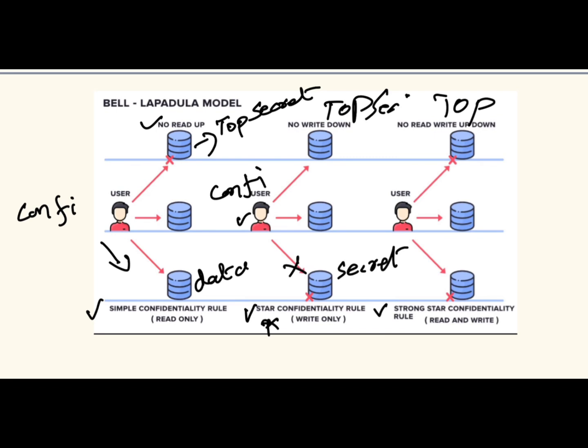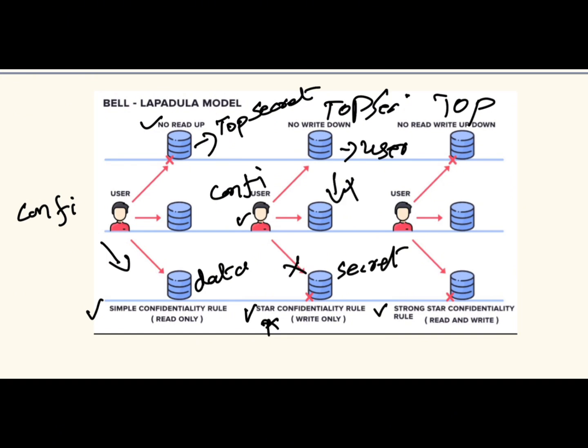This prevents leakage of classified information to a lower level. A top secret user cannot write data into a confidential document. If the user is at this level, that user is not allowed to write anything at this lower level.